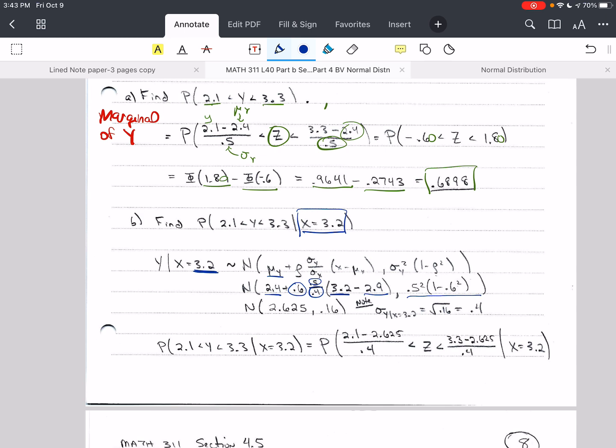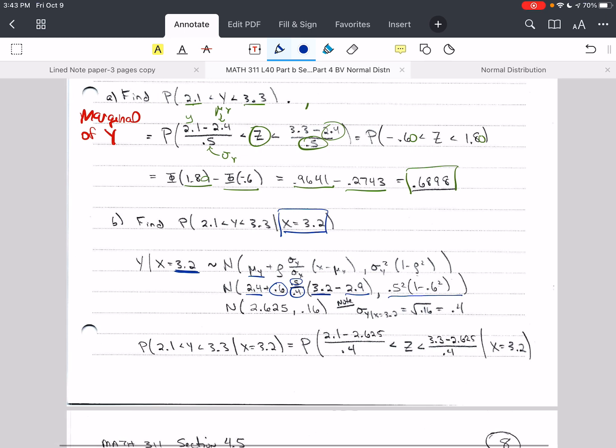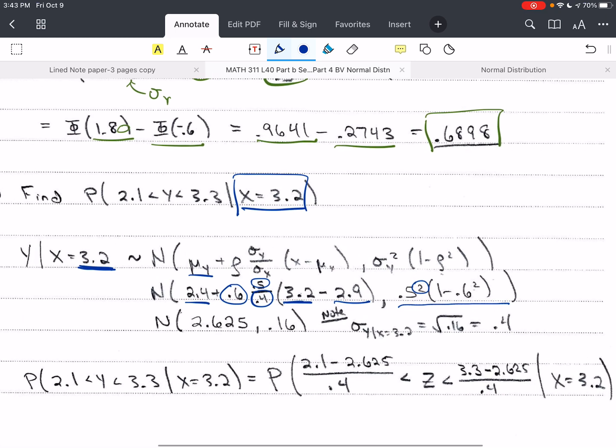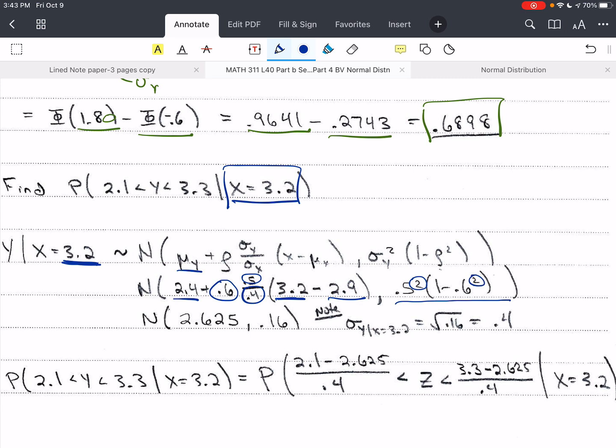The variance is sigma y squared, so that's going to be 0.5 squared. Don't forget to square that because you're only given sigma, not sigma squared. And then 1 minus rho squared, so don't forget to square 0.6 here as well.